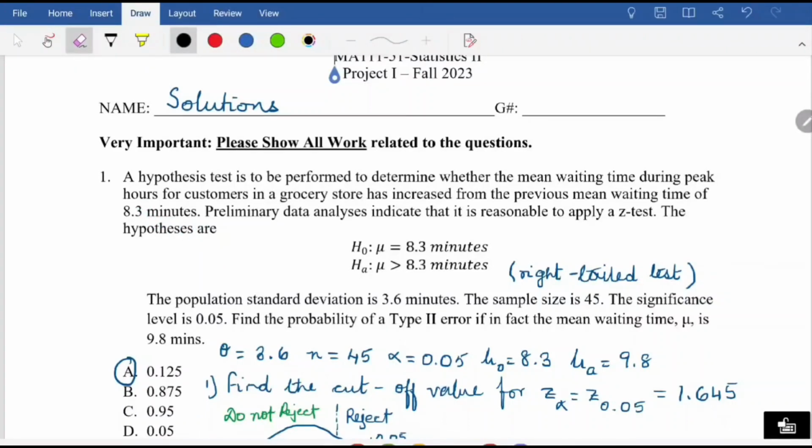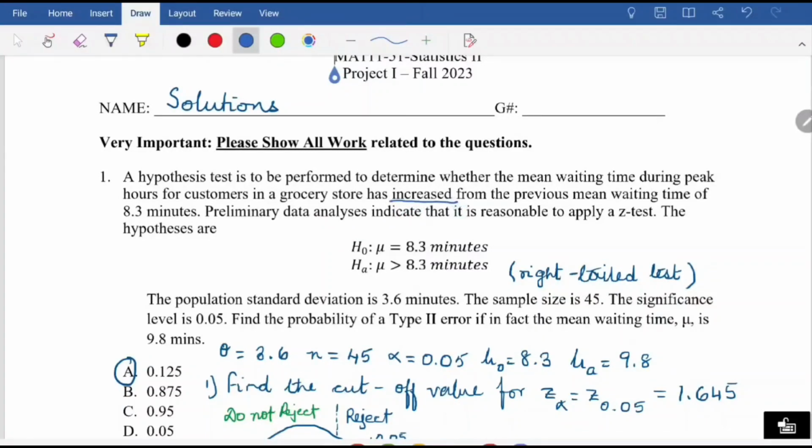Have the lines become longer and the customers have to wait longer in line than it was previously? So the previous wait time was 8.3 minutes, and what it says here is whether it has increased.